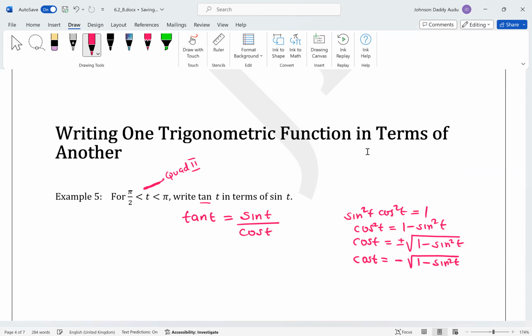So we can write tan t as sine t over minus the square root of 1 minus sine squared t, and we're done. You can see we have written tan t in terms of sine t.